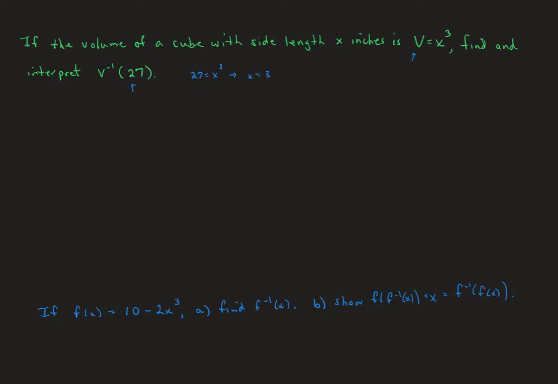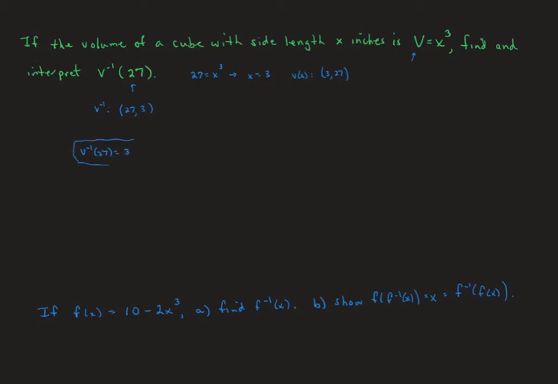So that's saying for our function v of x that we have 3 as an x-coordinate gives us 27 as a y-coordinate. That means for our inverse function that 27 as an x value gives us 3 as a y value. So that tells us v inverse of 27 is equal to 3.